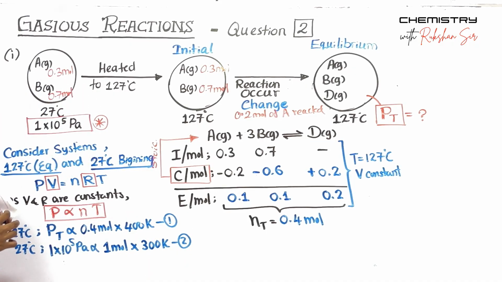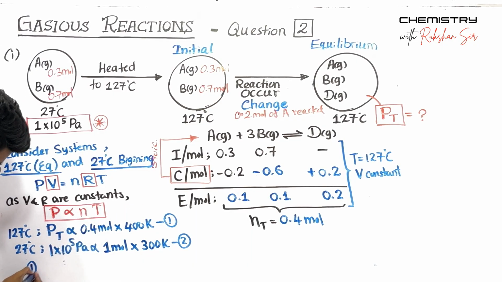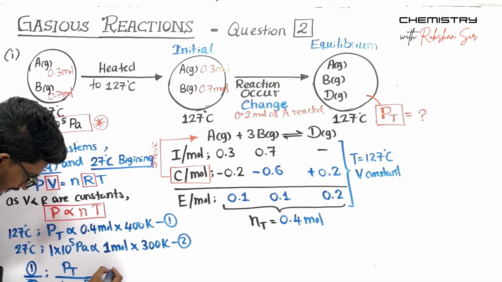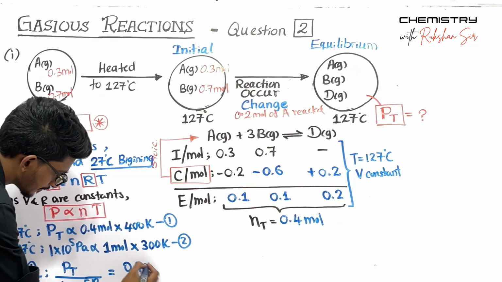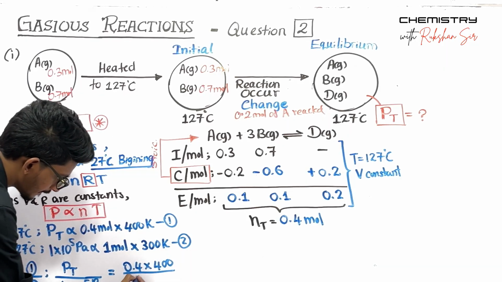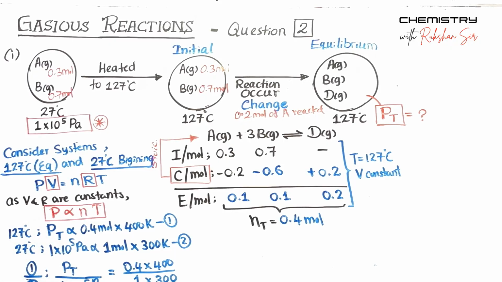So if you divide 1 by 2, you will get P total of 1 × 10^5 pascals equal to 0.4 into 400 divided by 1 into 300, right?